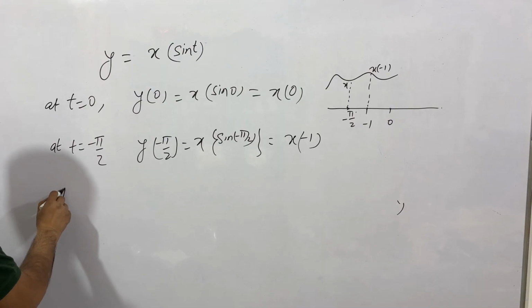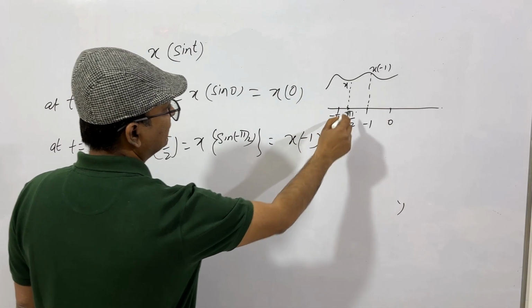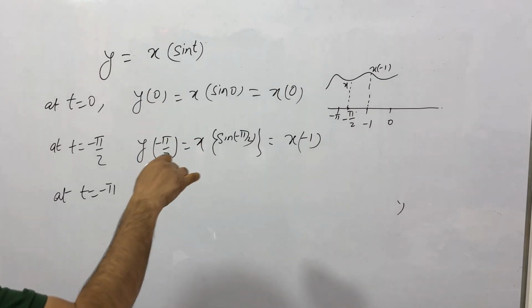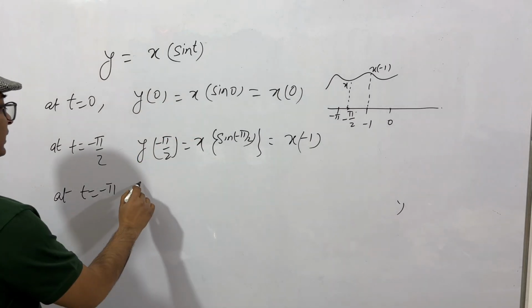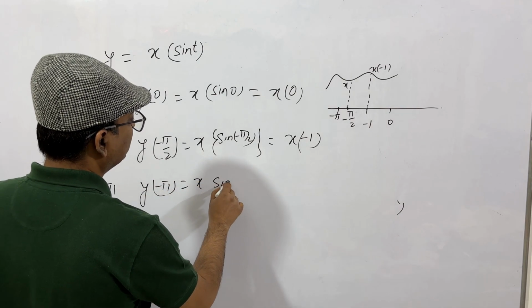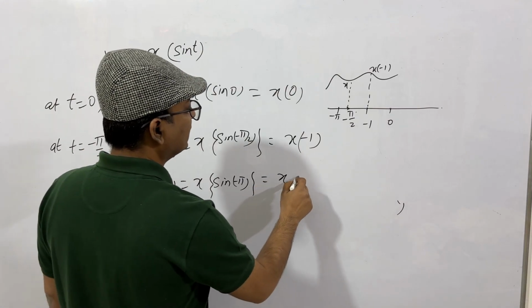Also, you can take another value. At minus pi, let's say here is your minus pi, 3.14. Let's see whether y depends on minus pi only or not. For this, we have x of sine minus pi. What is it? It is 0. So this is x(0).